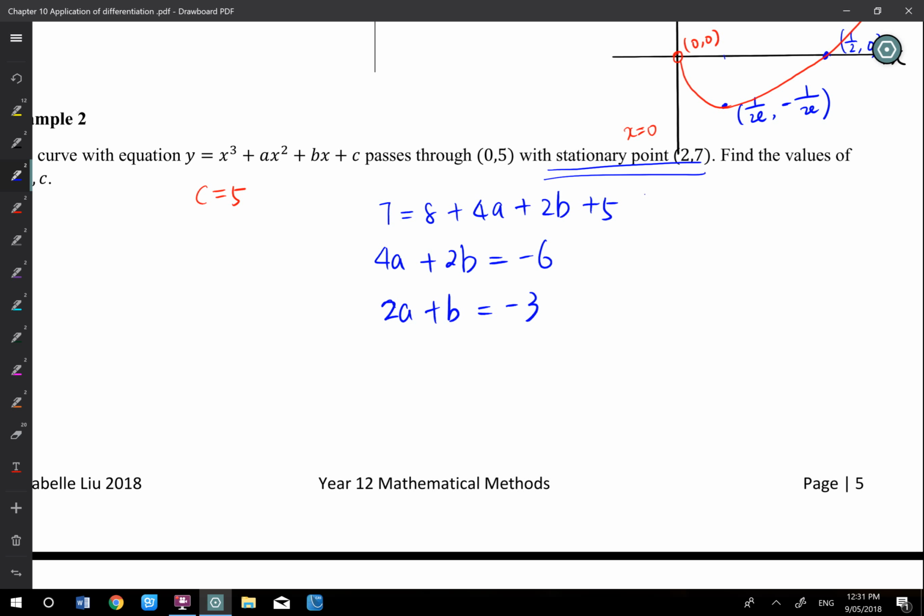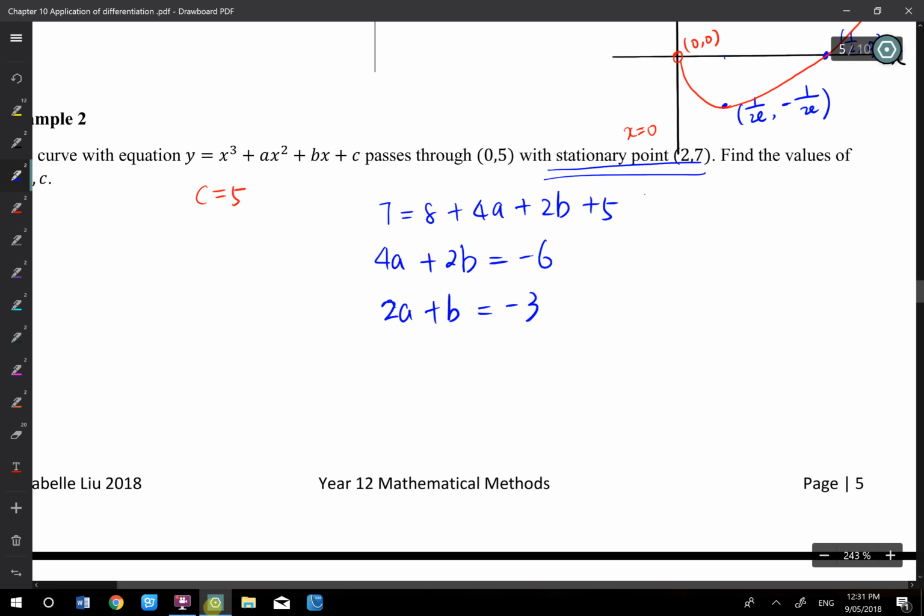What is a stationary point? What are the common features that stationary points share? Okay, what's gradient? Derivative equals 0, right? So I will find dy/dx. dy/dx is 3x squared plus 2ax plus b.